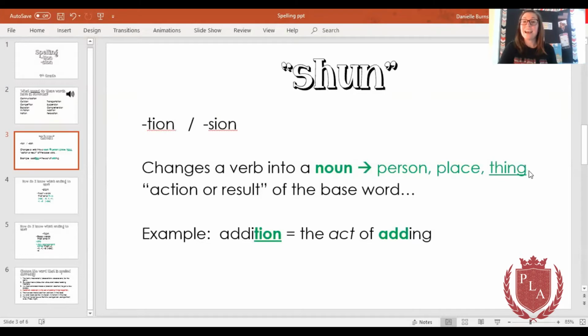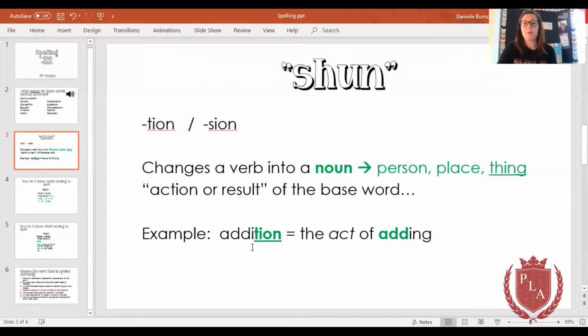That's right. A noun is a person, a place, or a thing. Now, most of the time, when we're adding these suffixes, we're changing the verb into a thing, into a noun. What we're doing is our words are changing, and they are now the action or the result of that base word, that word by itself.